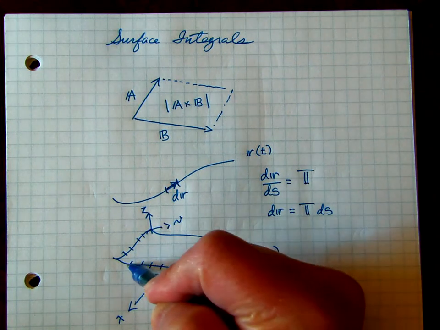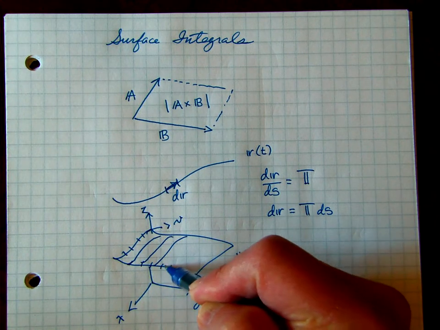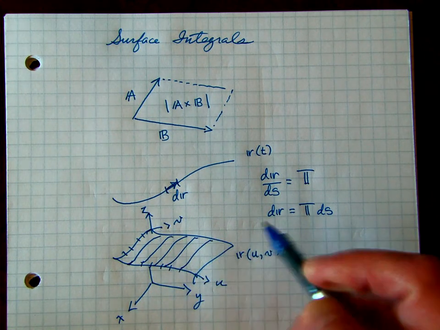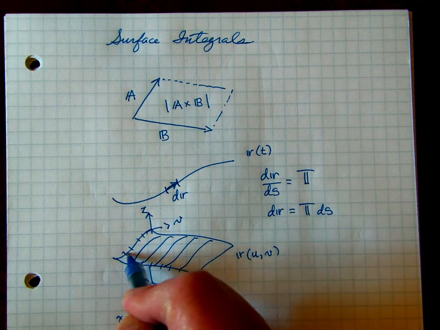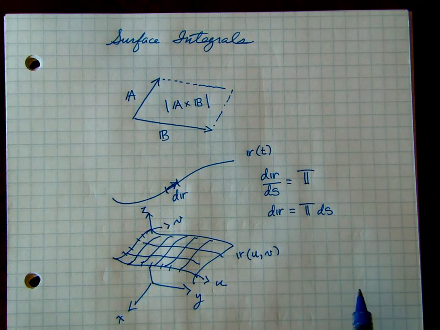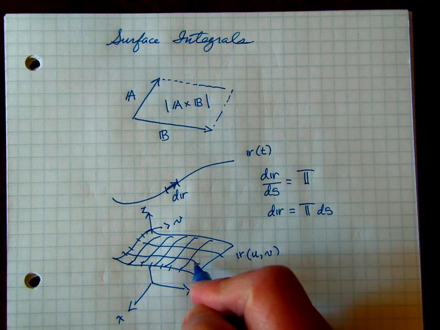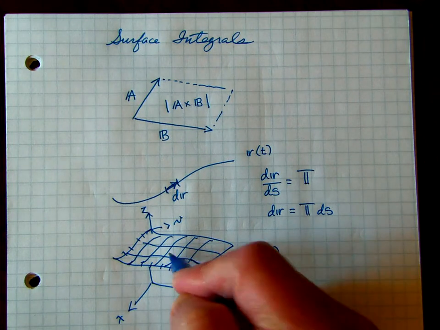So if you look at the lines where u is constant, and the lines where v is constant, you're creating a kind of grid on this surface in space. These are your parameters, two parameters for a two-dimensional surface.